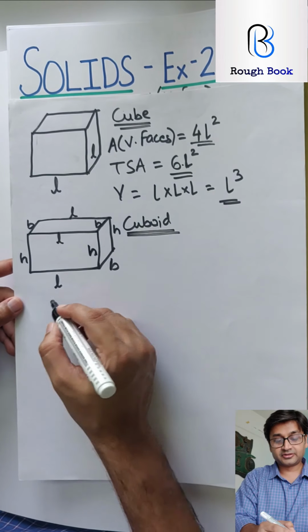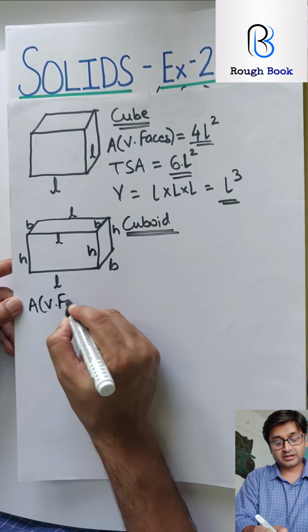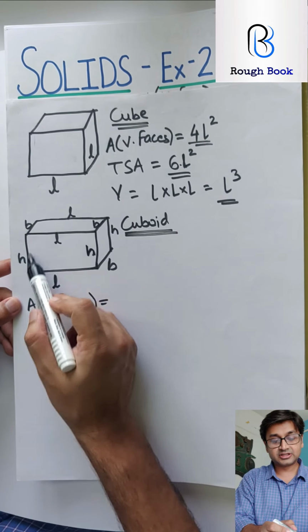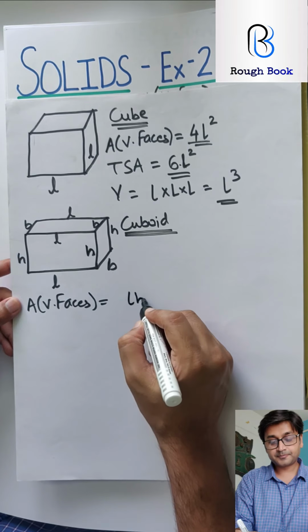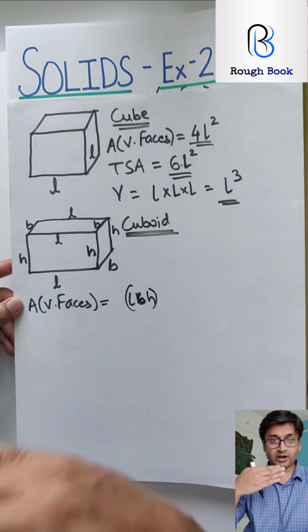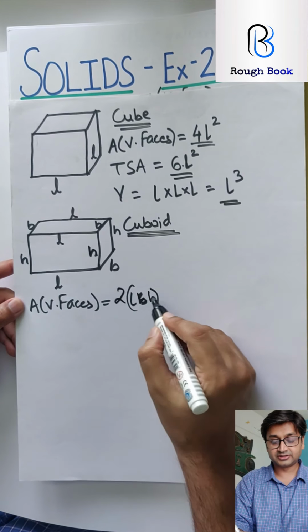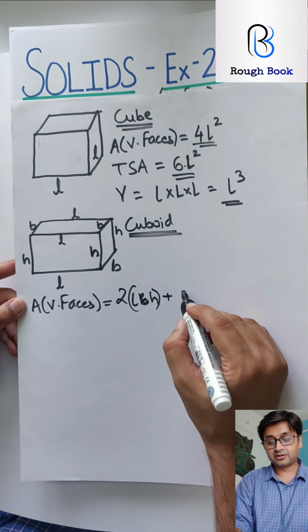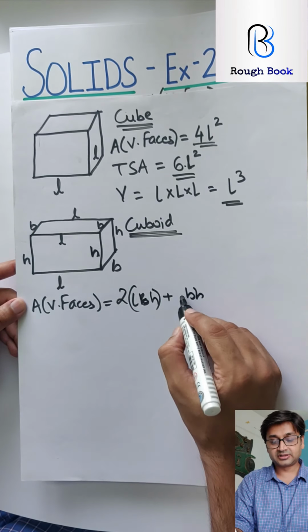Area of vertical faces. One vertical face is this one, length into height, correct? And how many such faces? Two. One wall on this side, second wall on the other side. Likewise, this vertical face on this side, breadth into height, and the same on the other side.